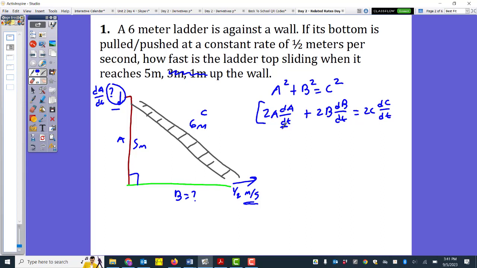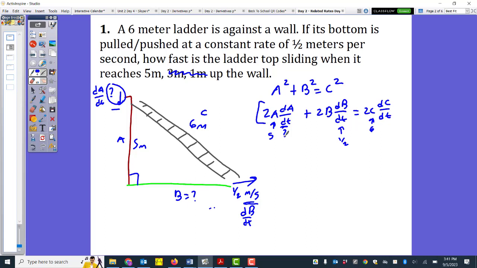This is side B over here, down on this side, and we're looking for the rate at which B is moving here, so this is dB over dt. So that means this is 1/2. We know this is 6. We know this is 5. We're looking for this one, so it's fine we don't know that one. We need to figure out B and dC over dt.